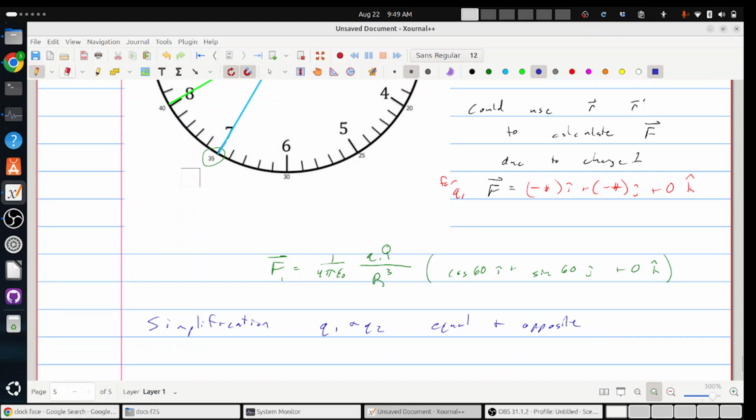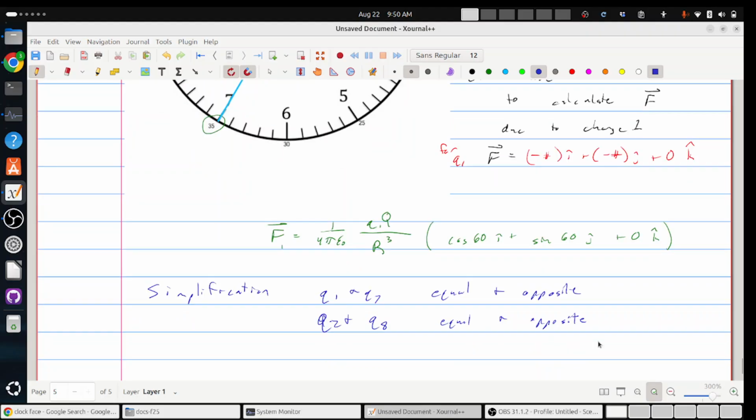That's 7, not 2. And Q2 and Q8 are equal and opposite. All the way around.